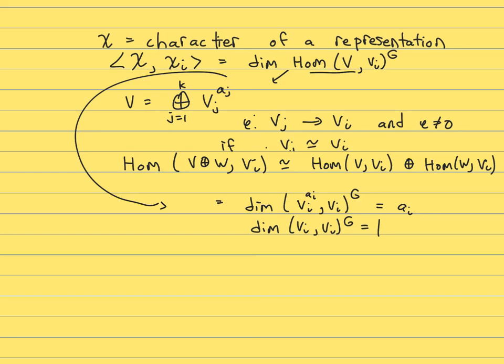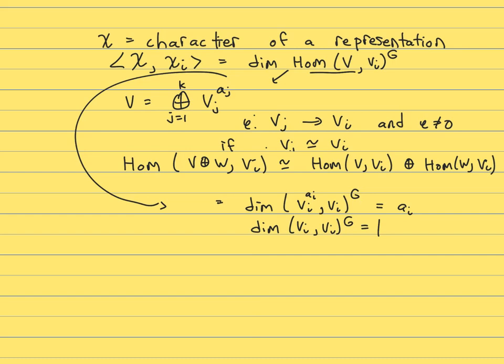From Schur's lemma, we see that the dimension of G invariant functions from Vi to Vi is 1. And so by this direct sum decomposition, this thing decomposes to Ai copies of this. And so it turns out this inner product tells you the number of copies of the irreducible representation xi inside this representation.